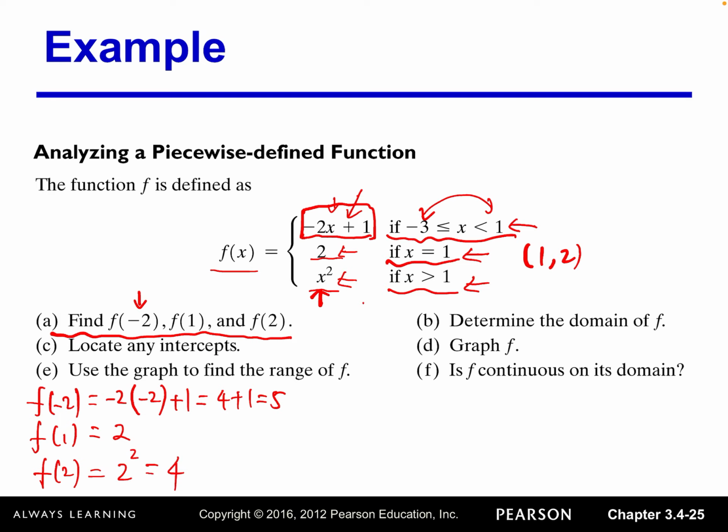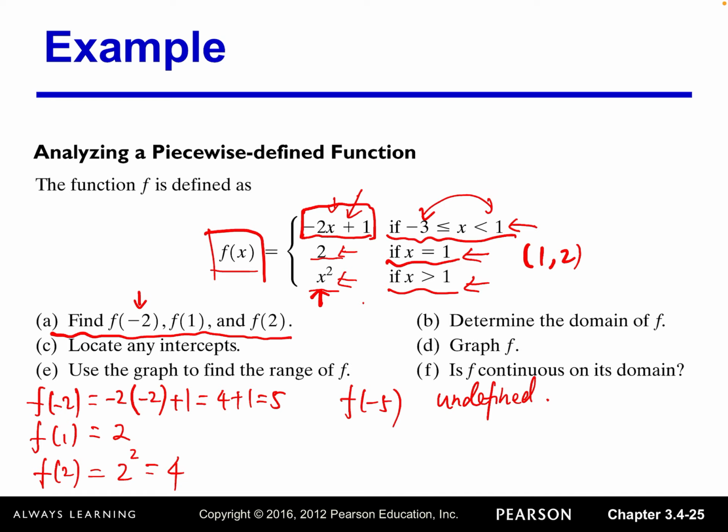What if I ask you to evaluate f of -5? If you look at the subdomains, -5 isn't included in any of them, right? So the answer should be undefined. We cannot find any definition for f of x because it's out of the domain.